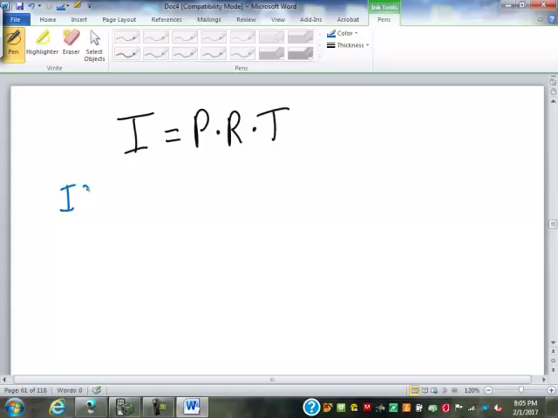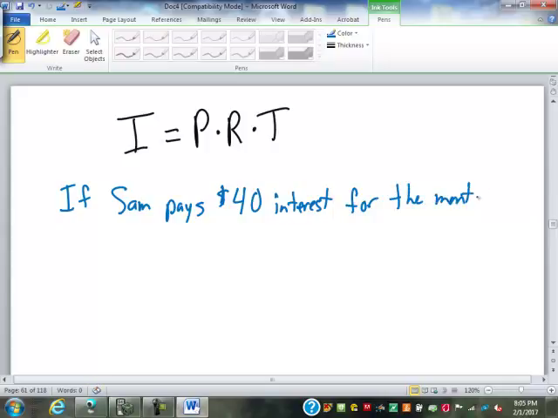So if Sam pays, let's see here. You ever have one of those days where the brain just shuts down for the night? $40 interest for the month at a rate of 6%.